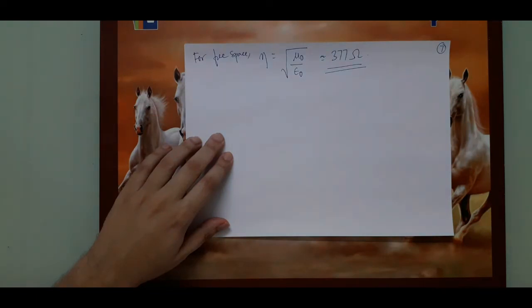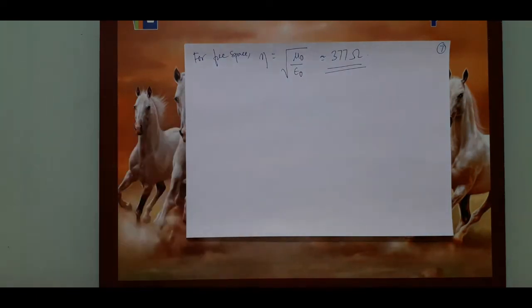Now let this sink in. In our analysis so far, we have been dealing with 3D quantities. But what we are seeing is that at every step, we are trying to correlate it with a 1D phenomenon, that is a transmission line.